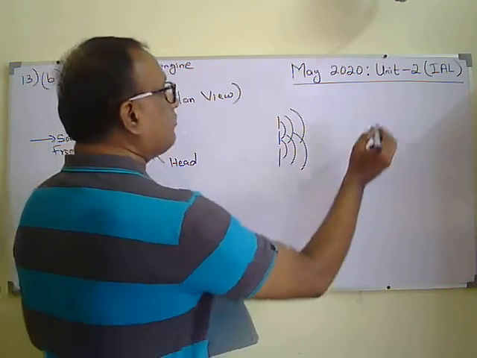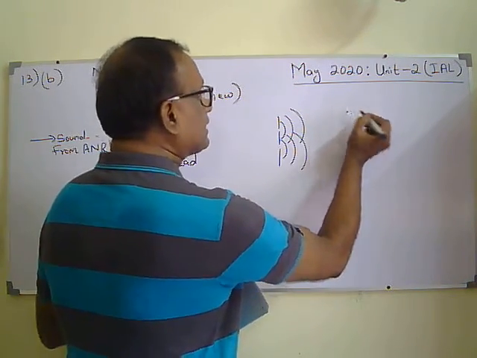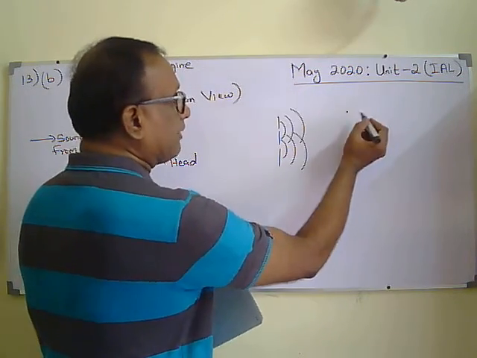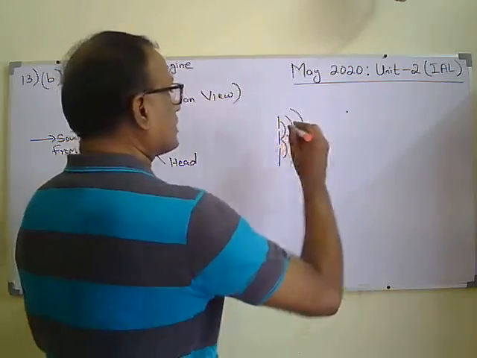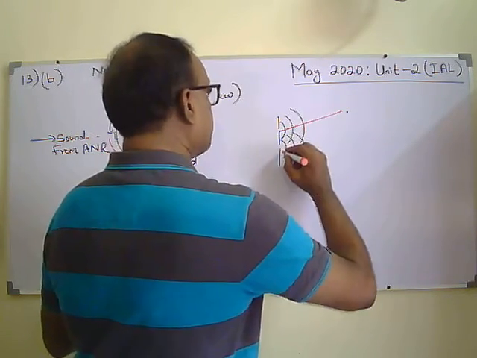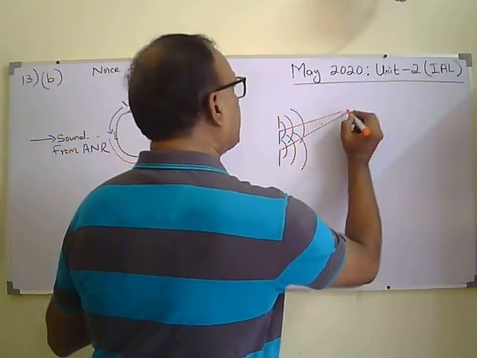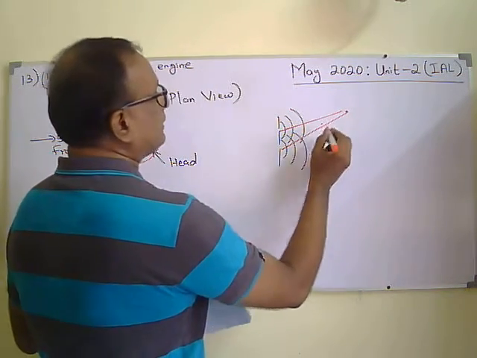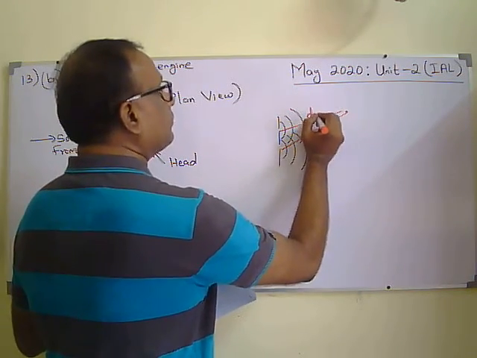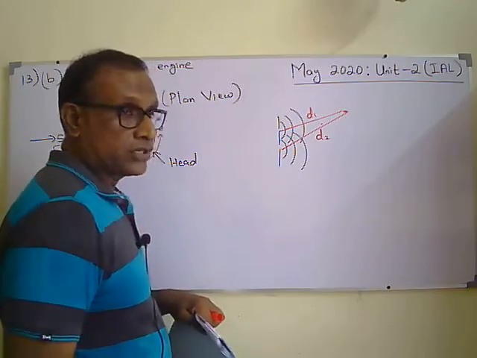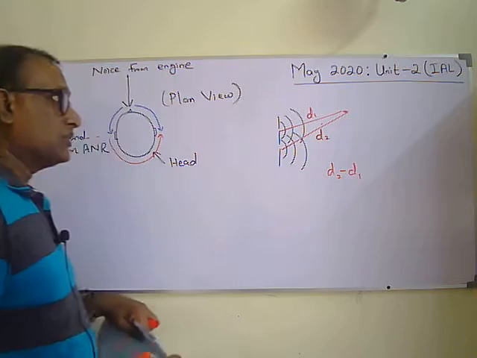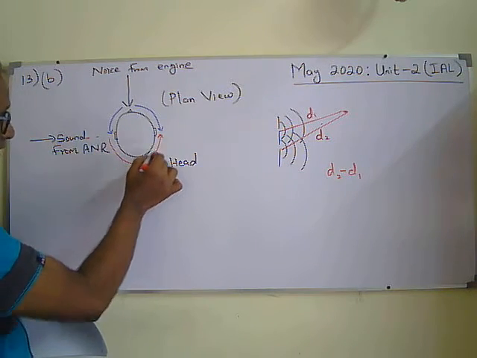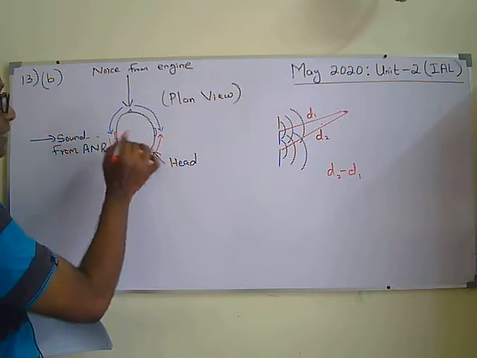If you want to find what will happen at a point, even though these diffracted waves overlap there, we consider the path difference using the straight lines. If I call the distances d2 and d1, what happens here depends on the path difference d2 minus d1. Here also we don't consider the curved path, we consider the path difference.